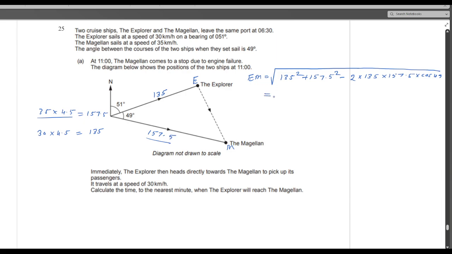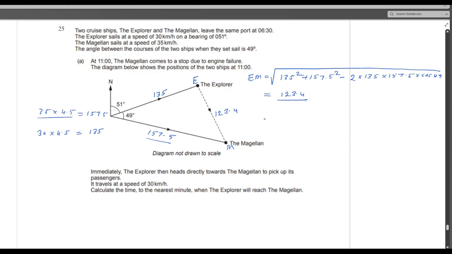We will take the square root of this answer, and we get 123.4. So this length is 123.4.